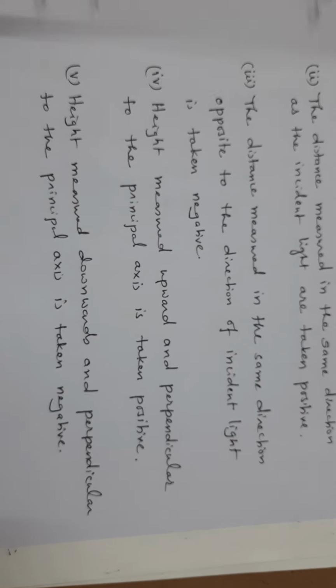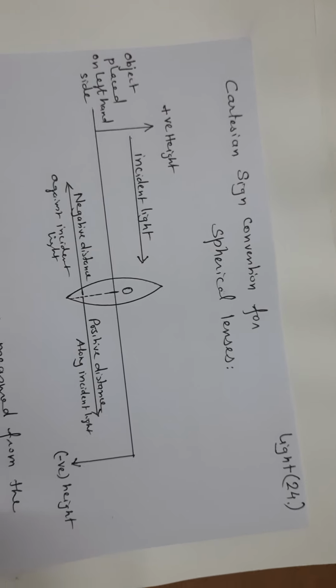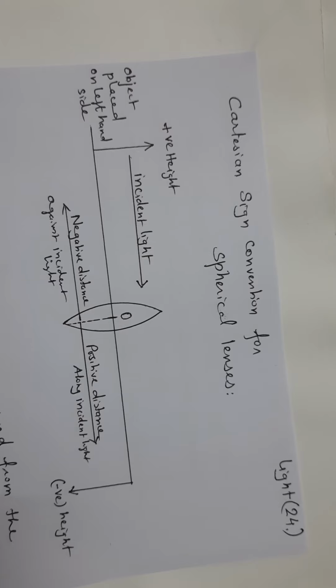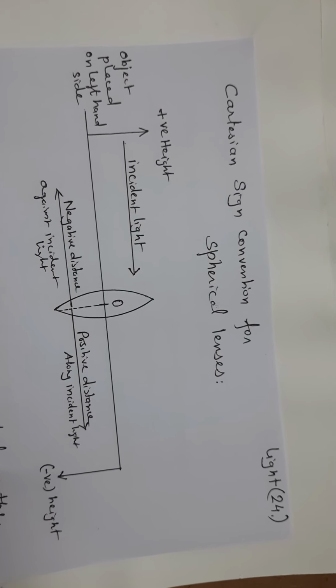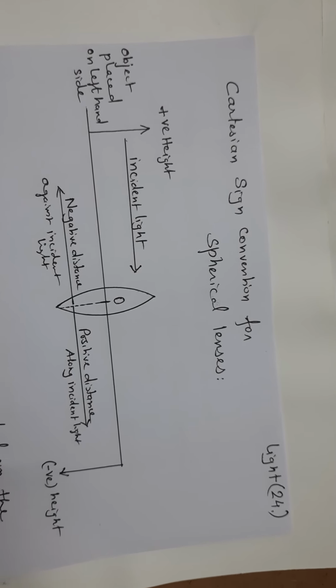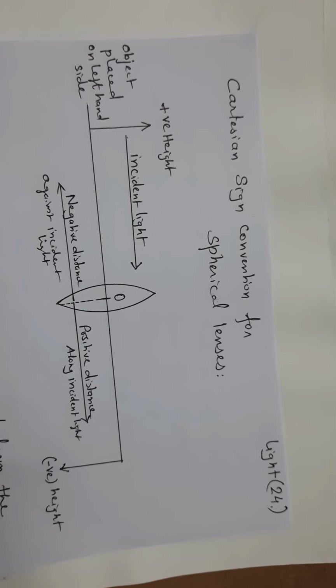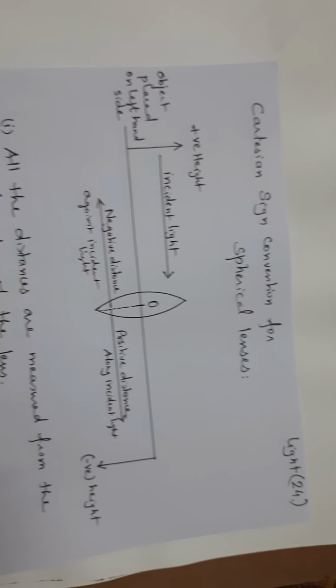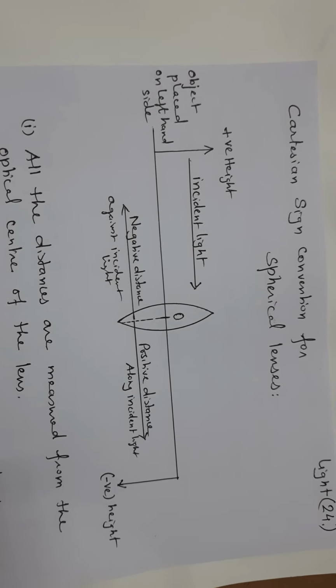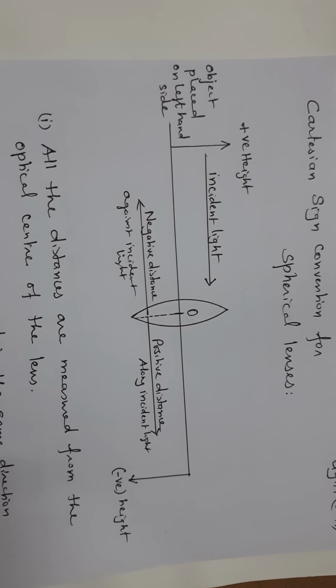Do remember. Now as we had Cartesian sign convention for spherical mirrors, Cartesian sign convention for spherical lenses can be asked. So the figure goes similar to what we had drawn in the case of the mirror. Here also we have drawn a figure.